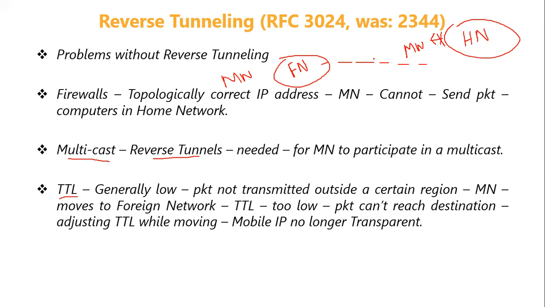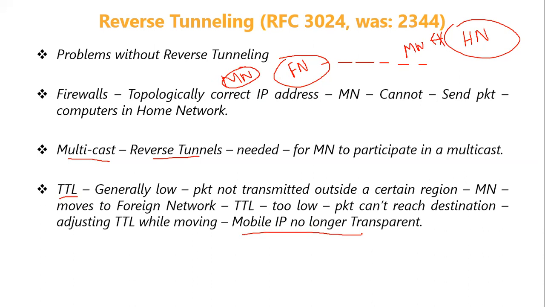Because of this reason, the mobile node may increase the TTL value, since otherwise the packet will be dropped because the TTL will expire. But if the mobile node increases the TTL, then there is an issue: mobile IP will no longer be transparent.